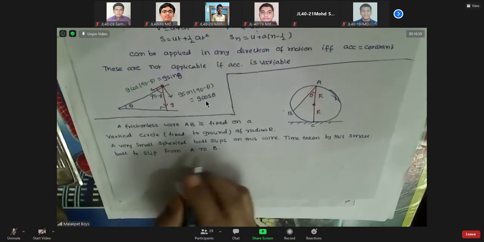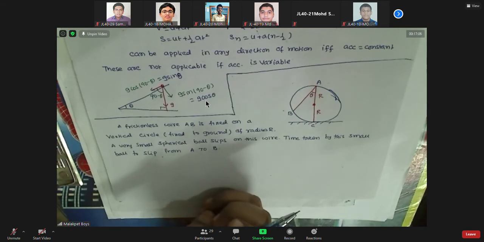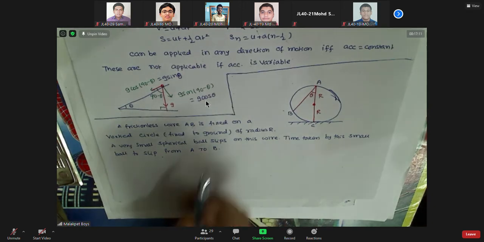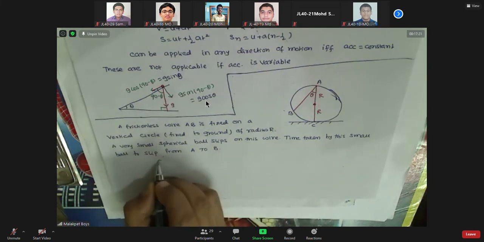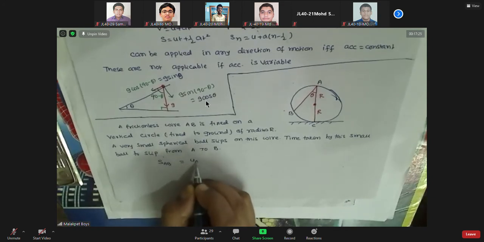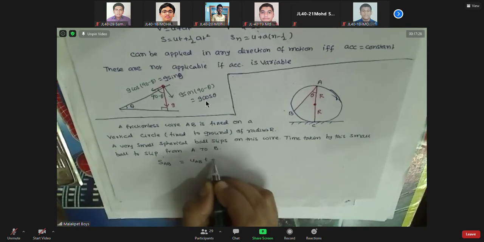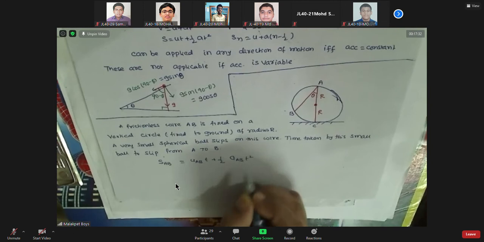Now, what is being asked? The time taken for the ball to slip from A to B. We'll use the equation: displacement along AB equals initial velocity along AB times T plus half acceleration along AB into T square.